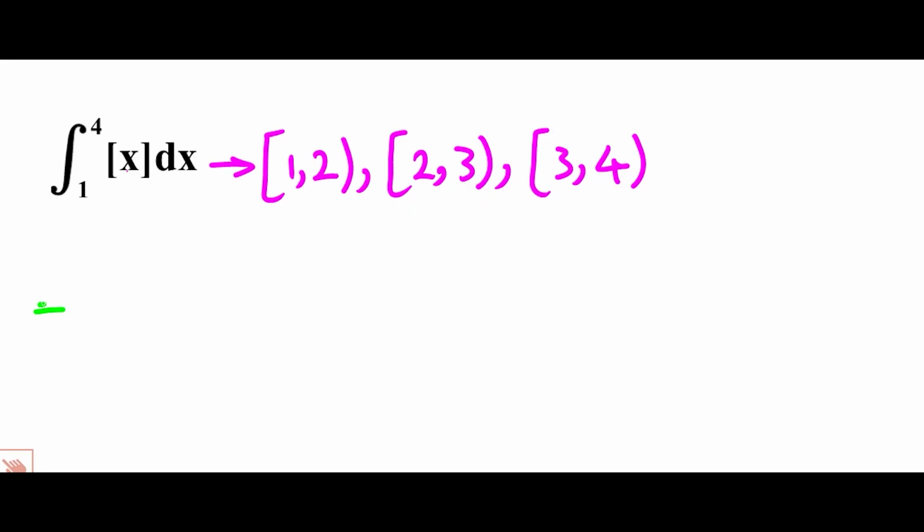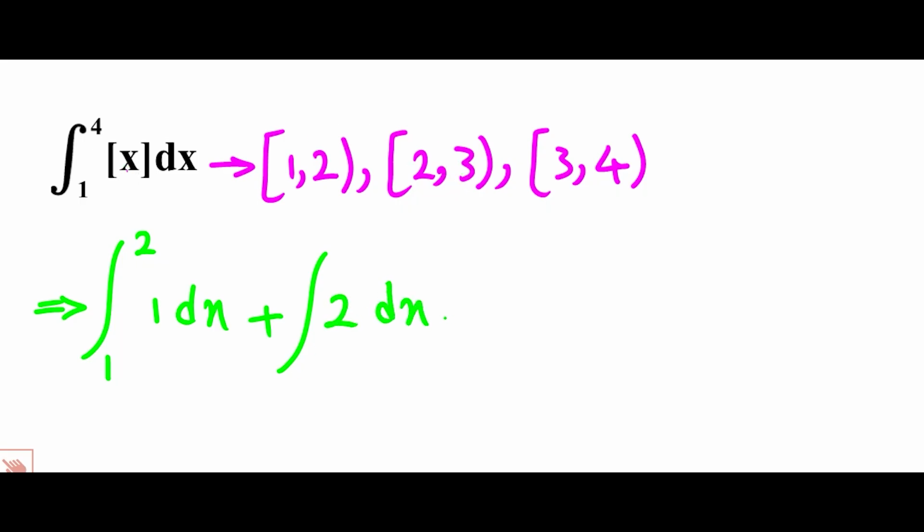So we have the integral from 1 to 2, where the floor of x is 1, dx, plus the integral from 2 to 3, where the floor of x is 2, dx, plus the integral from 3 to 4, where the floor of x is 3, dx, right?